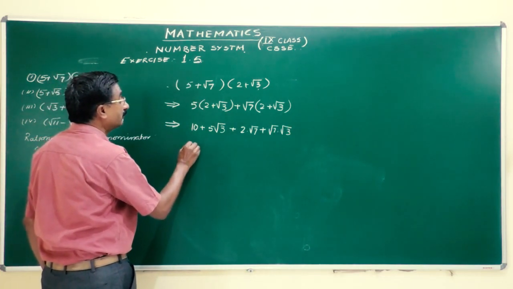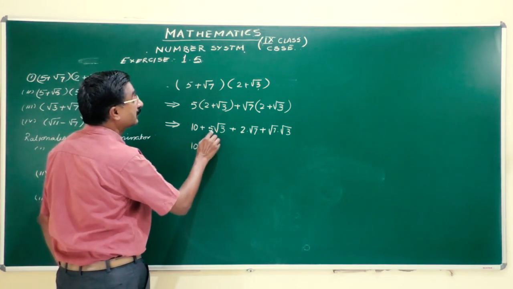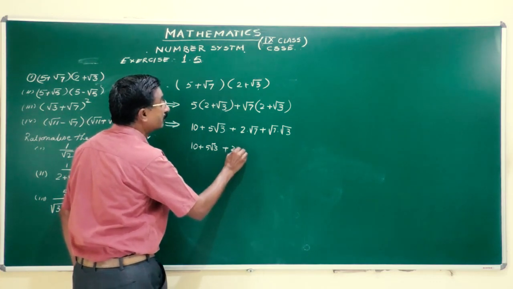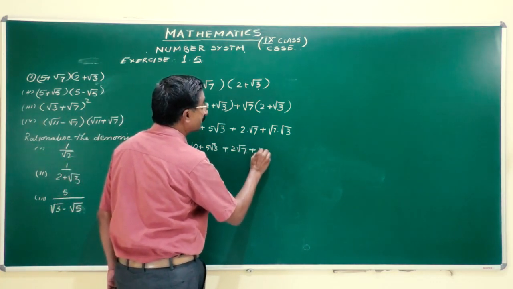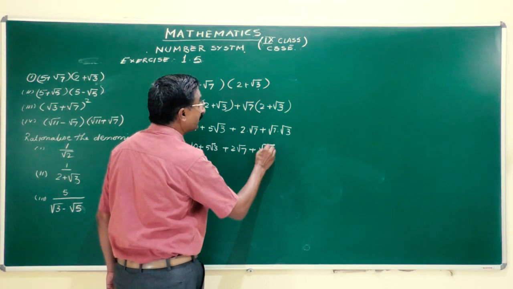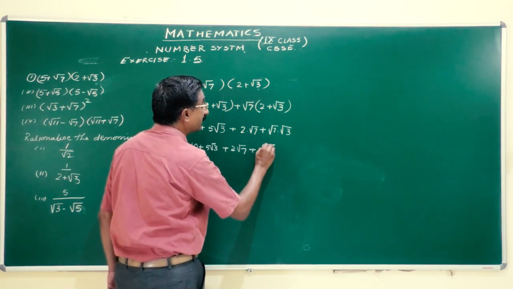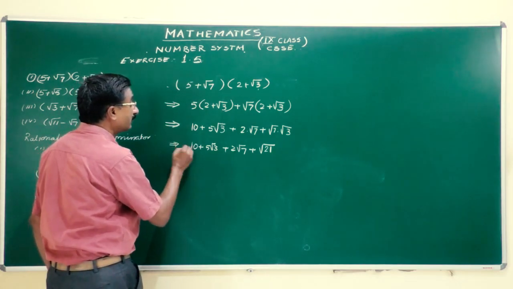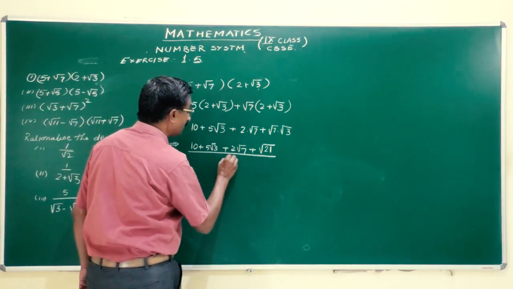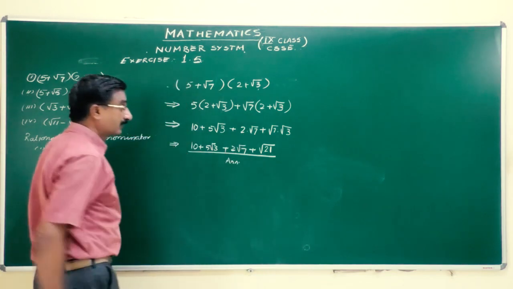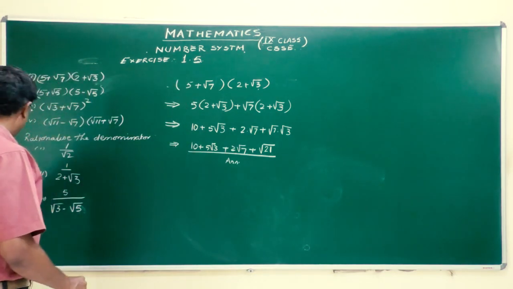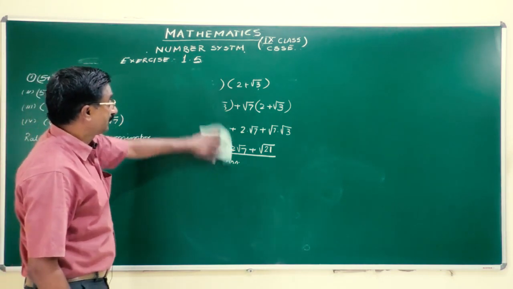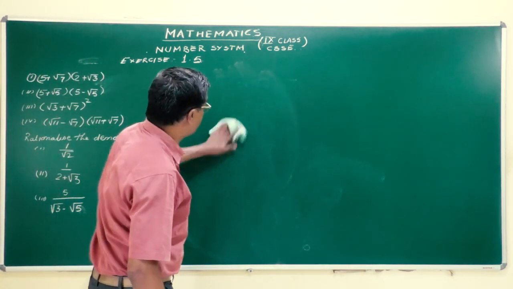So this is equal to 10 plus 5 root 3 plus 2 root 7 plus root 21, using the first identity, 7 into 3, so 7 3s are 21. So this is our answer. Clear? A very simple application of the identities, and the rules of mathematics are the same.